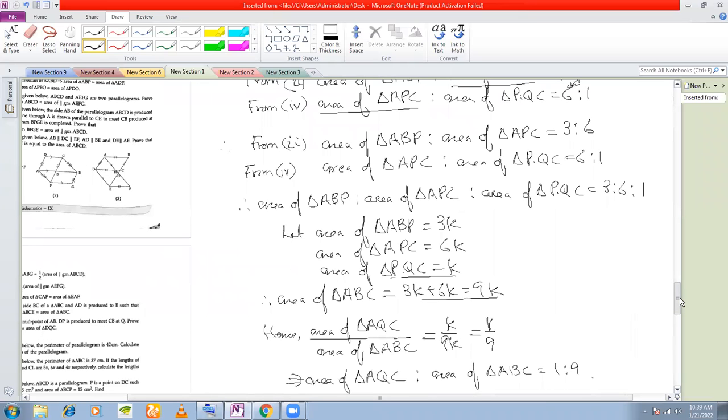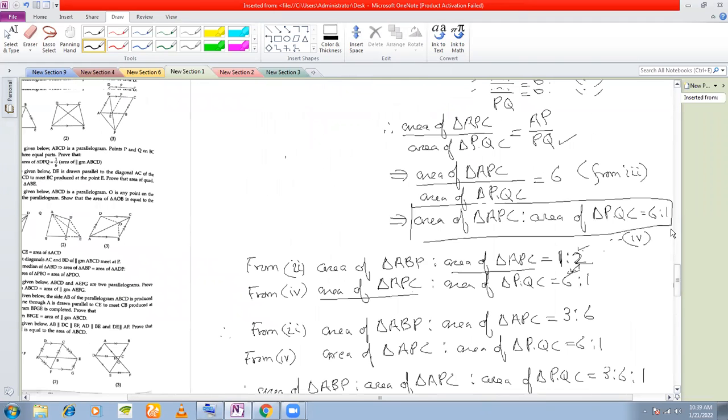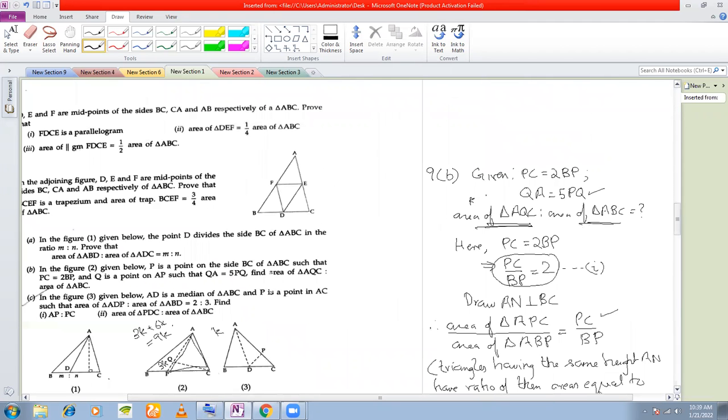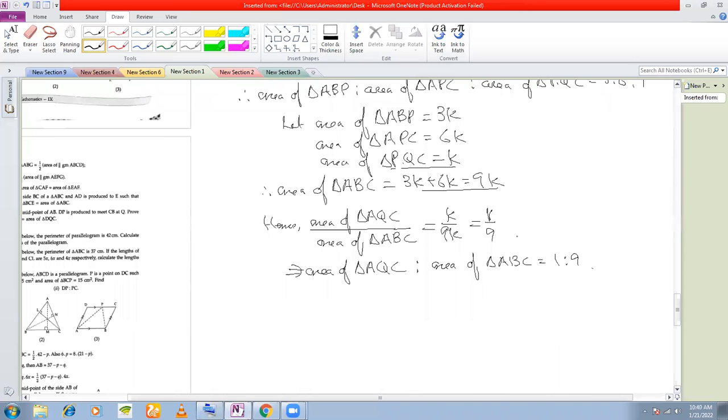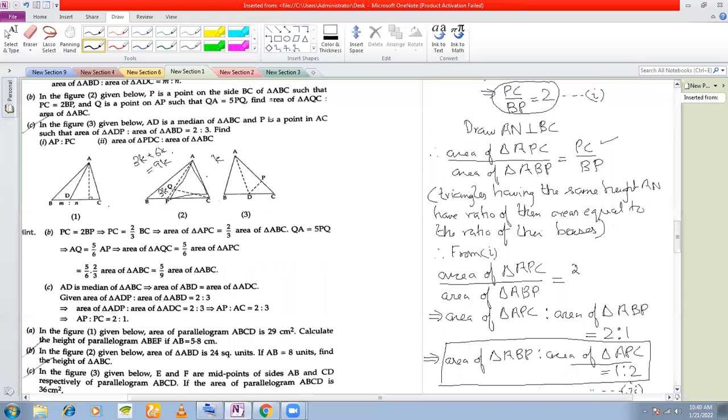Next, what is the area that we need to find out? Area of triangle AQC we have to find out, right? Area of triangle ABC we have already found out. So let's find out area of triangle AQC. Which one is triangle AQC? AQC is this triangle, right?